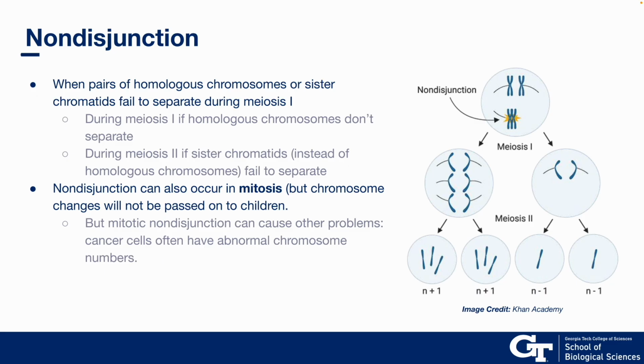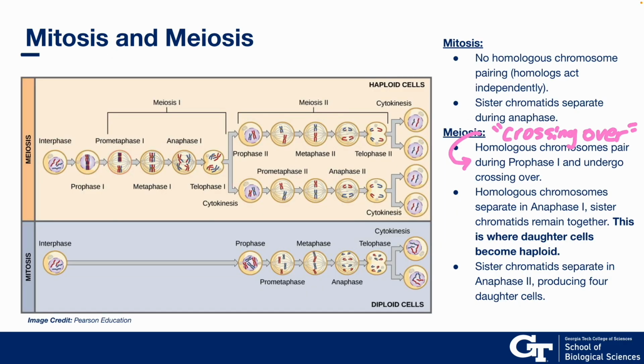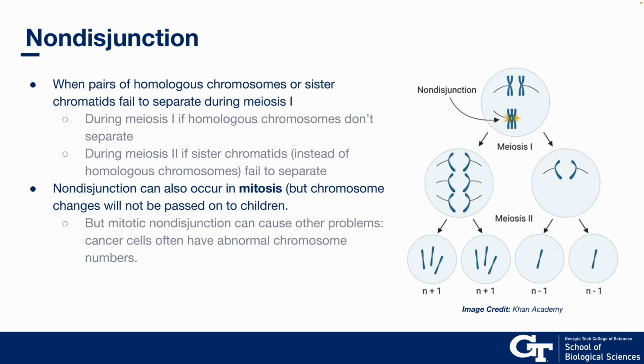Big idea here is nondisjunction. So this happens during meiosis when either the homologous chromosomes or the sister chromatids fail to separate. So that's what's supposed to happen, and what happens when that process doesn't occur as it should?